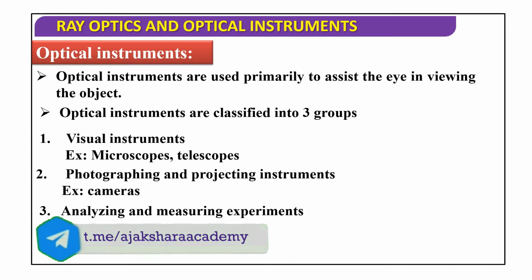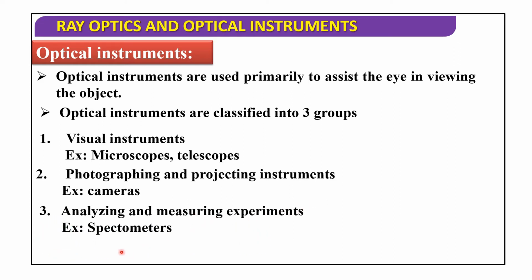And the third one is analyzing and measuring instruments, example spectrometers. So here we divided optical instruments into three groups. Now we'll discuss one by one.